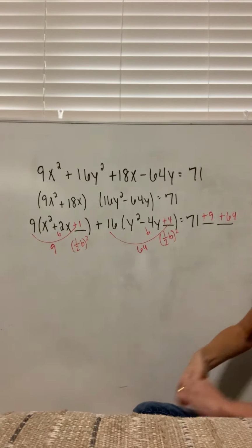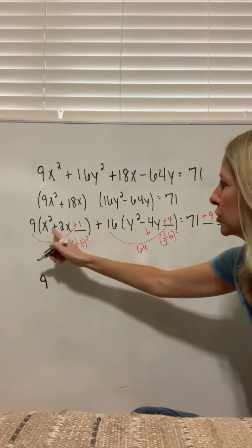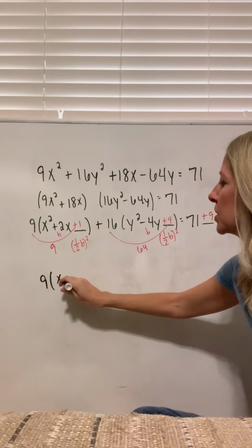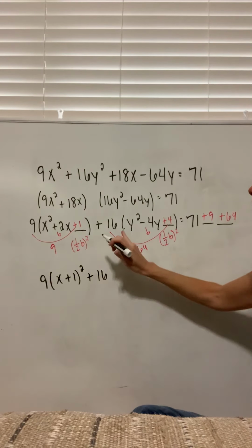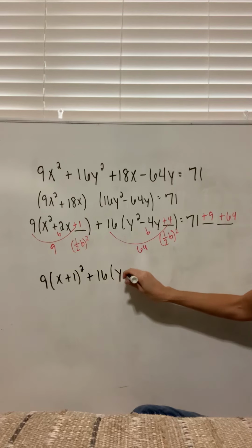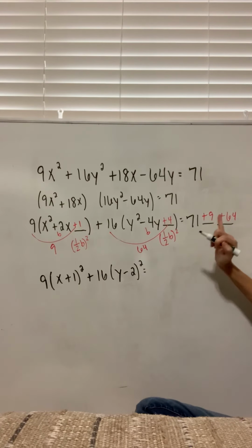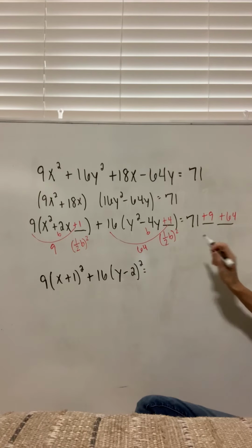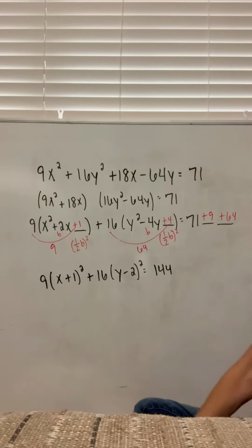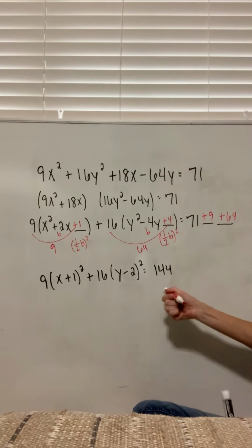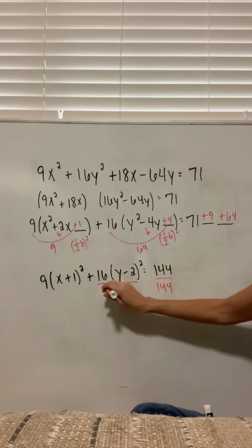Now when we do that and we factor, for the x's we have 9 times (x plus 1) squared plus 16 times, when you factor your y's, (y minus 2) squared. Equals, when you add 71, 9, and 64, that should add to 144. So from here, remember, we want to make this 1, so we're going to divide everything by 144.